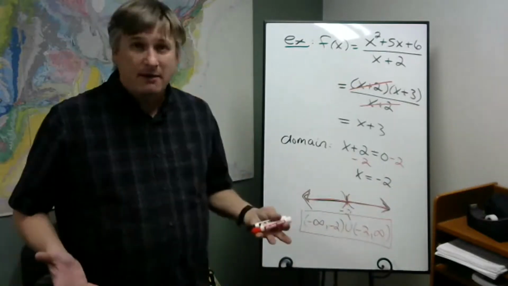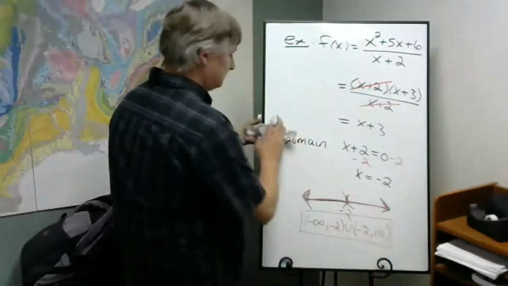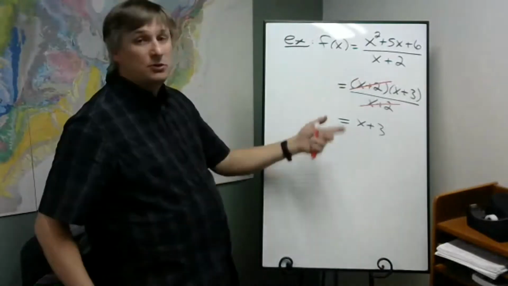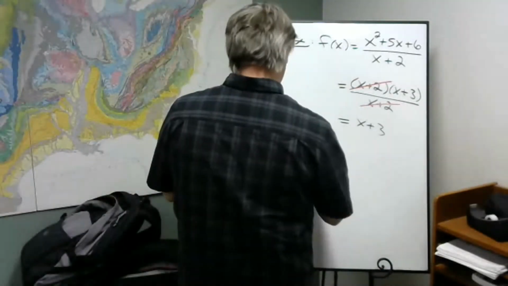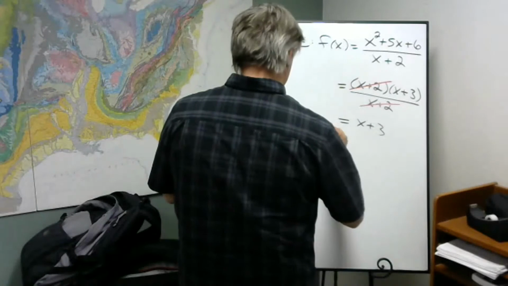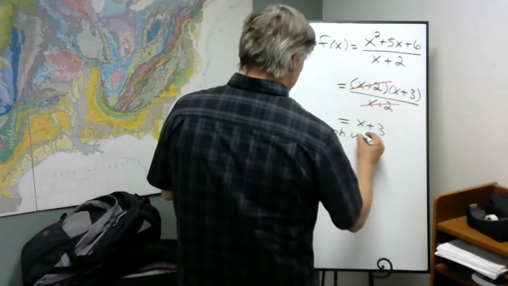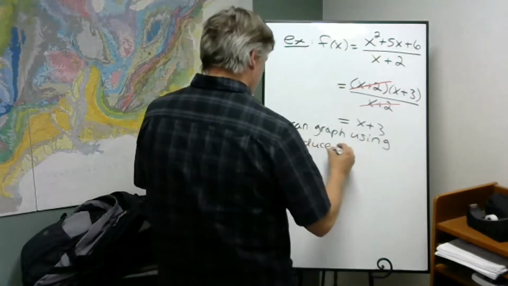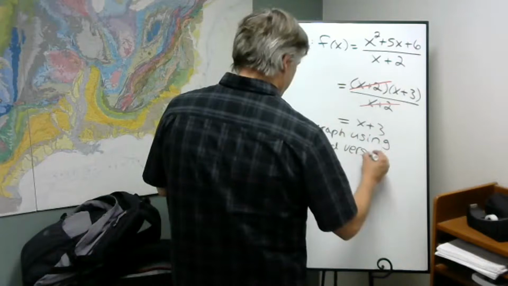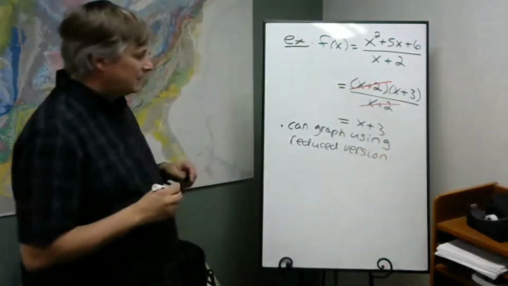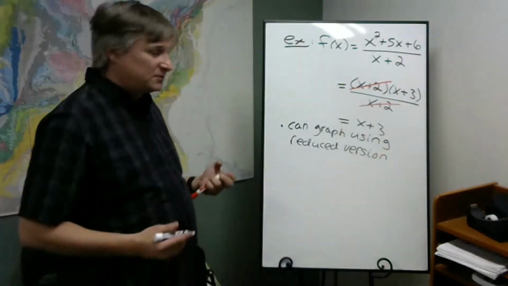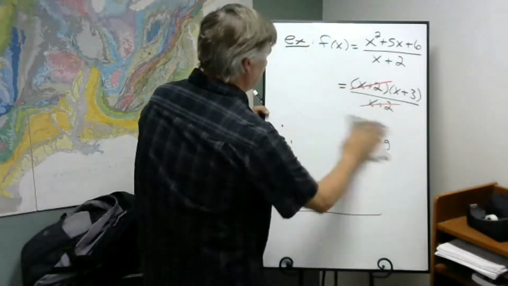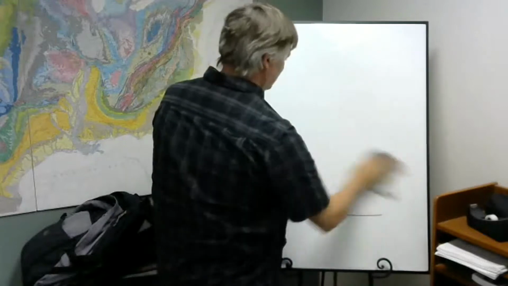So what does this mean for the graph? Well, for the graph, we can use the reduced version. So it's just a line. Let me back up a bit. I need a little bit of room.